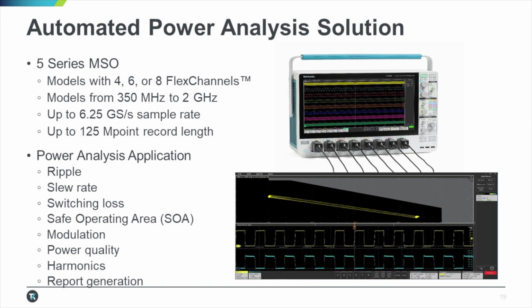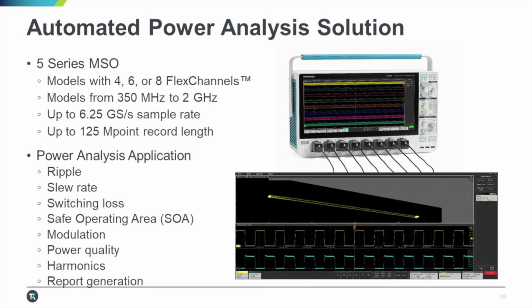Firstly, it provides the user the choice of 4, 6, or 8 analog channels, while also providing technology called FlexChannel that enables the designer to choose between 1 analog channel or 8 digital. So in effect, you can have either an 8 analog channel scope or a 64 digital scope. The models range from 350 megahertz to 2 gigahertz in bandwidth.